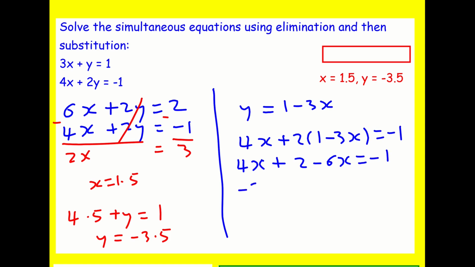We're going to get minus 2x equals minus 3, which again gives x equals 1.5. And from that, y will be 3 minus 3.5. Hoping you're happy with that.